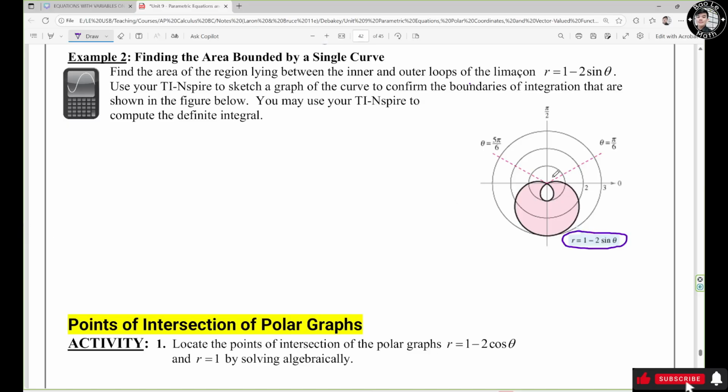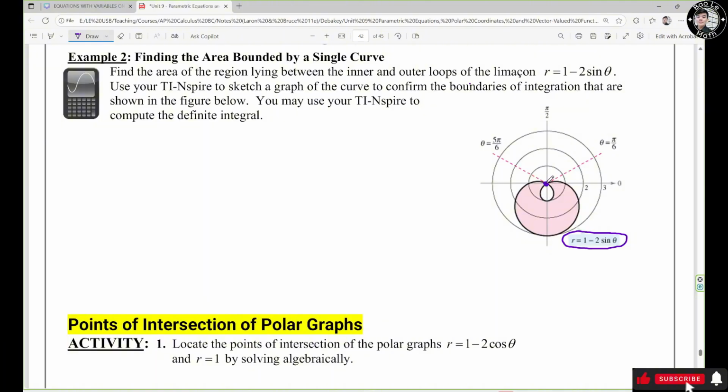Alright, so we're going to start from the origin. The area of the shaded region is the area of the whole thing right here, subtract the area of the inner loop. So we need to find the lower bound and upper bound of the inner loop right here.